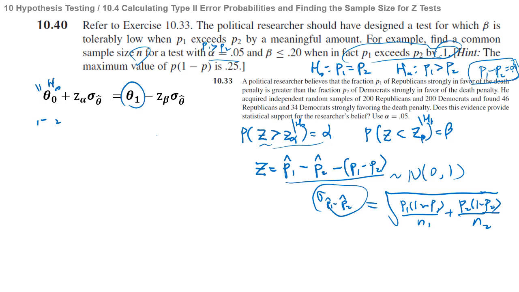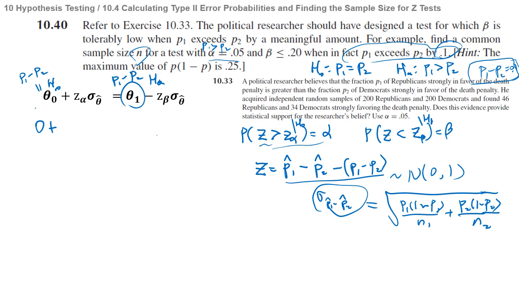So this is under H0, this is P1 minus P2, and this is under the alternative P1 minus P2. So this is 0 plus z alpha.